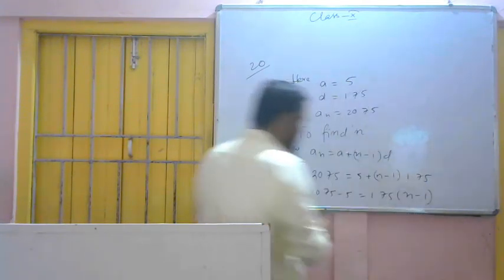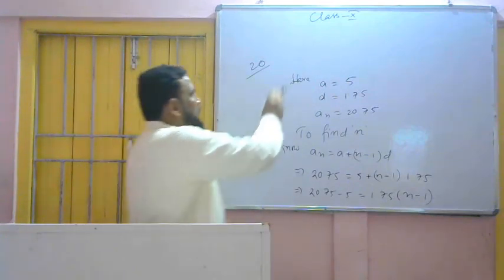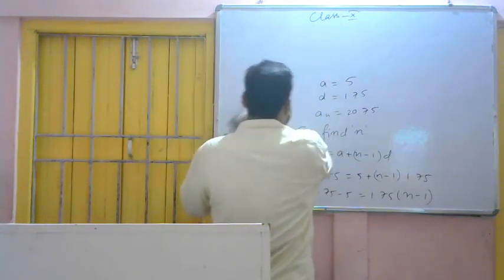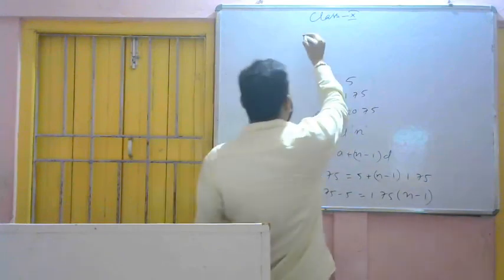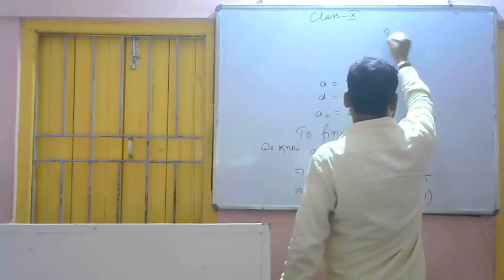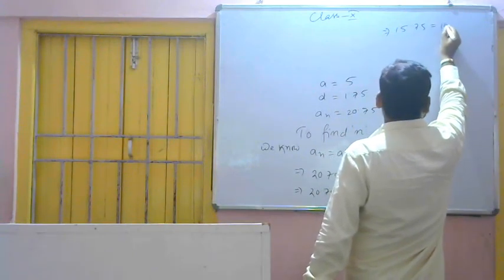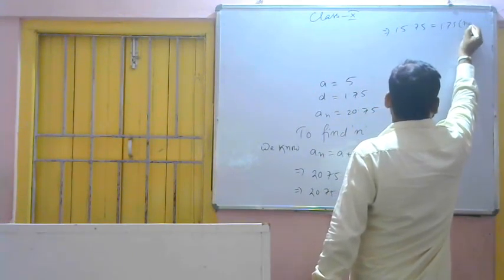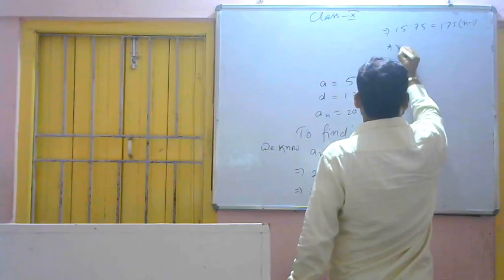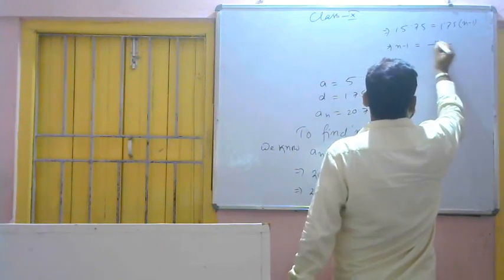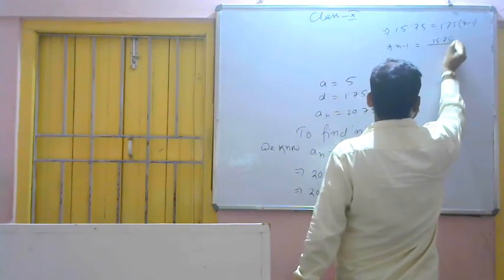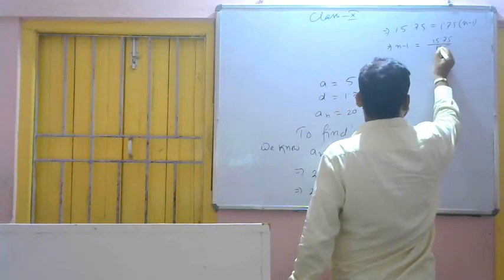How to do it? You see. Now, if we subtract, what will we get? 15.75 is equal to 1.75 into n minus 1, implies n minus 1 is equal to 15.75 by 1.75.